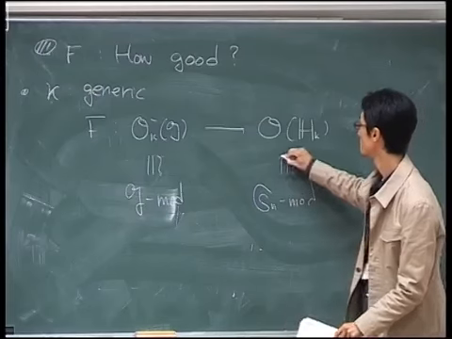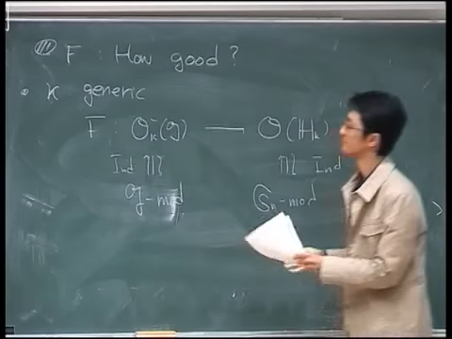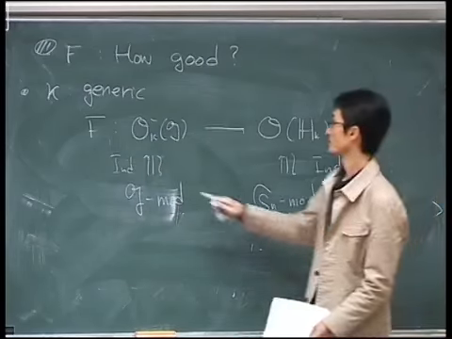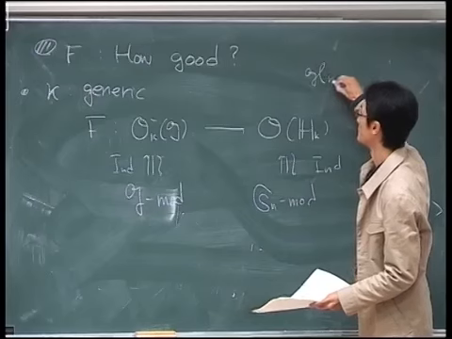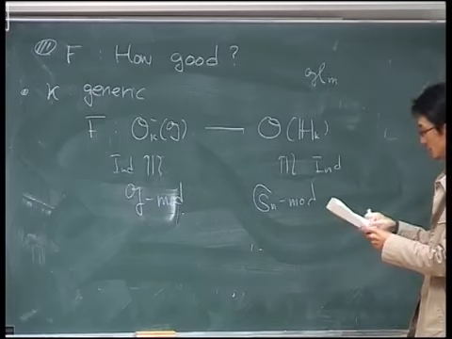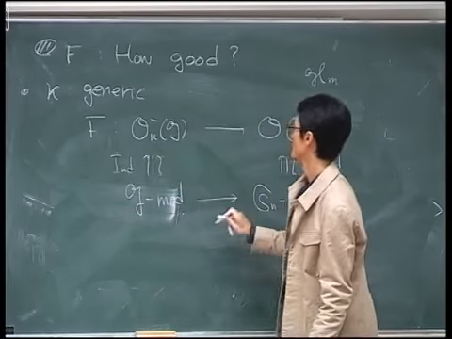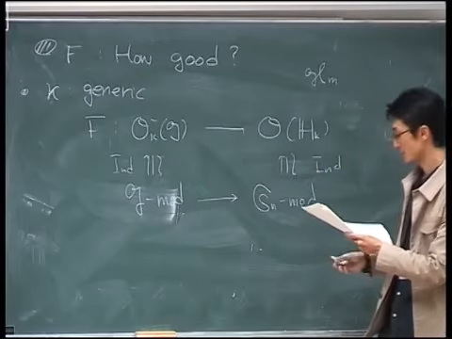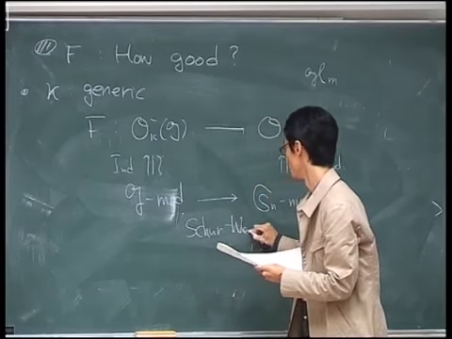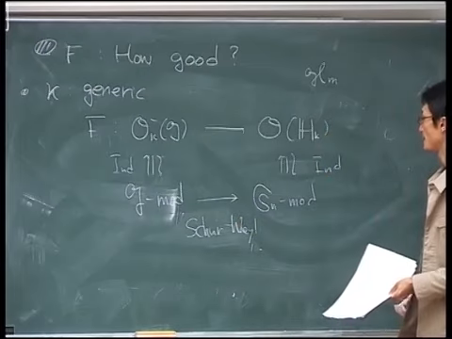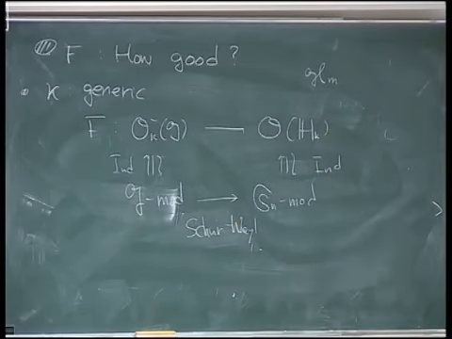So the functor is given by induction. So the GL_N? GL_M. Okay. And so the functor in this realization is more or less clear. And so this is a good functor in some sense.